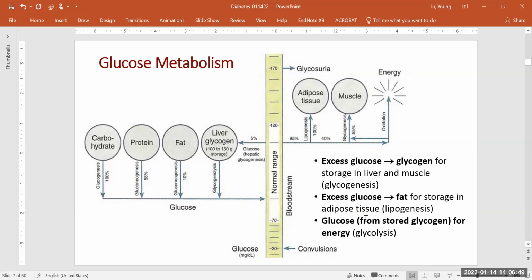This process is called lipogenesis. If blood glucose level is too low, stored glycogen is converted to glucose and then released to the blood system and delivered to the tissue and used for energy. That process is called glycolysis. So in the healthy individual, these functions are pretty effective.